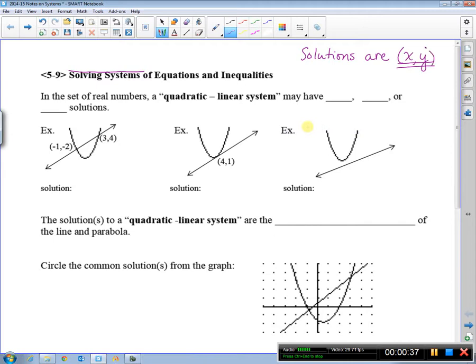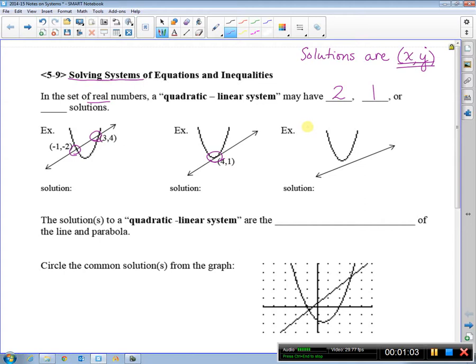All right, so make sure once you find the x values, you go back, substitute in the x, and get the y value. All right, so in the set of real numbers, a quadratic and linear system could have two solutions. Here's an example. It could have one solution, the system.